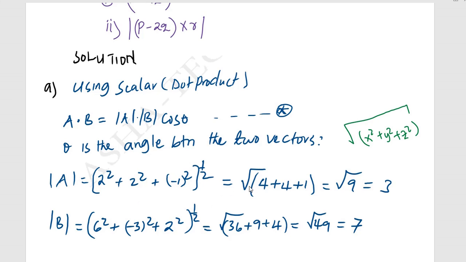Substituting these values, I find the square root of 9, which equals 3.